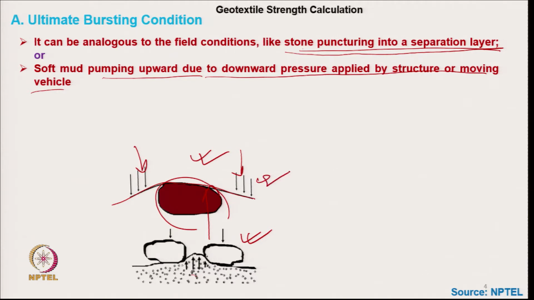This first condition normally generates where the geotextile is placed over hard rock, that is the stone puncturing into the separation layer, or geotextile is placed over the soft soil. It may so happen also that this is a rock, this is pushed downward, this is the geotextile separating layer. This type of situation may also appear.